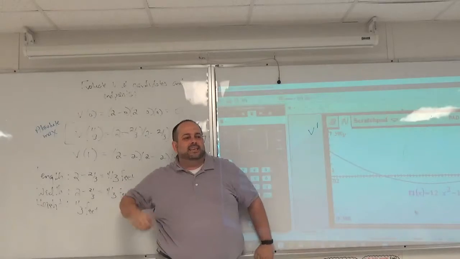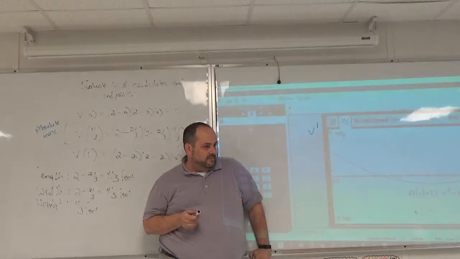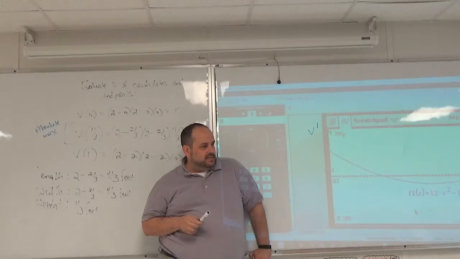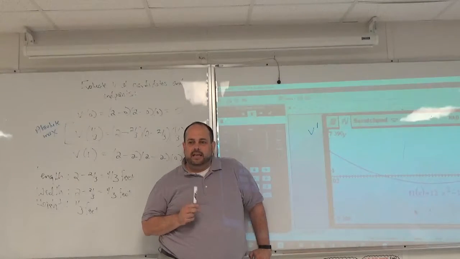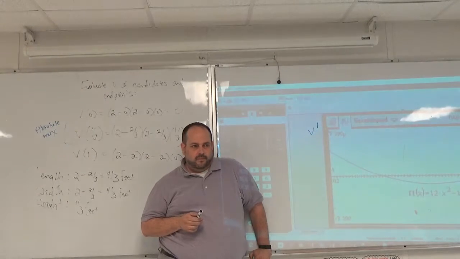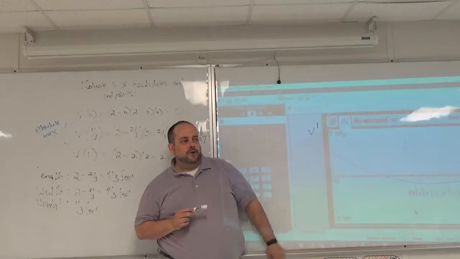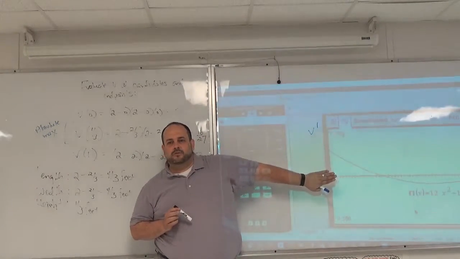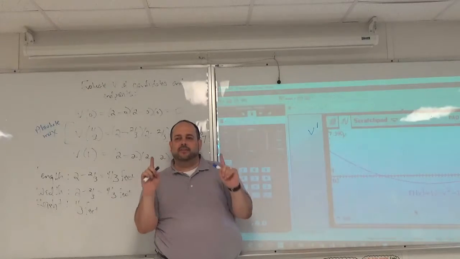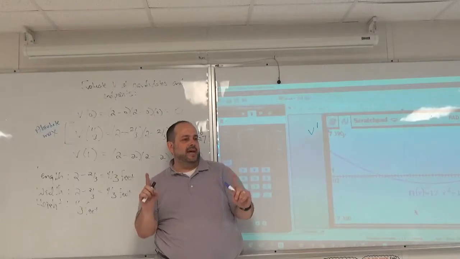Knowing that this is the derivative, does anyone see any evidence that the volume has to have a maximum? Looking at the graph, know that this is the graph of the derivative. Is there any evidence here that the volume has to have a maximum somewhere?